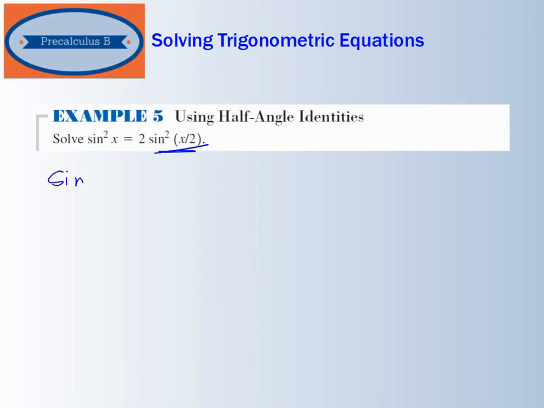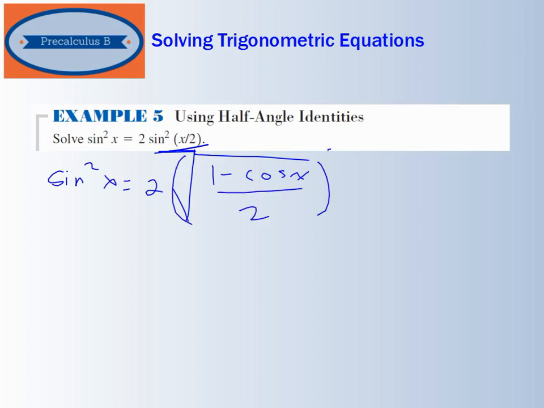So we could rewrite this as sine squared x equals 2 times the square root of (1 minus cosine x) over 2. But then it's that whole quantity squared because it's sine squared, and so the square root and the square will cancel out. So we end up with sine squared x equals, and then the 2 and the 2 will cancel, it's just going to equal 1 minus cosine x.